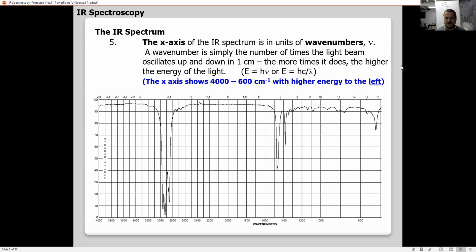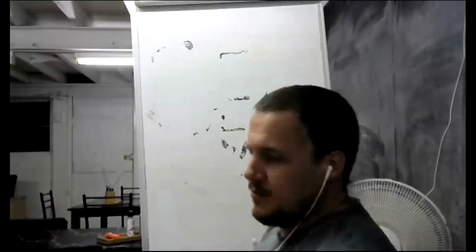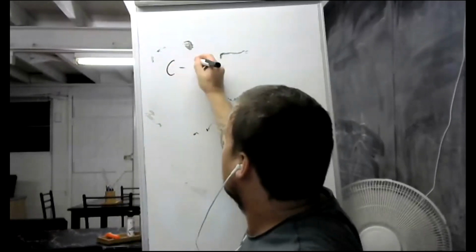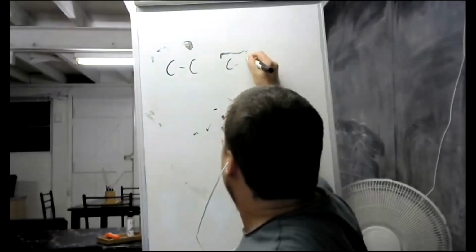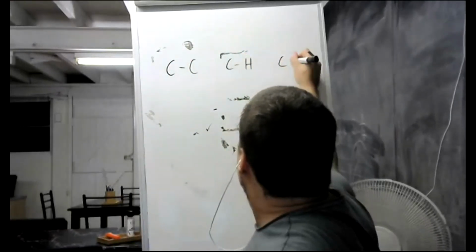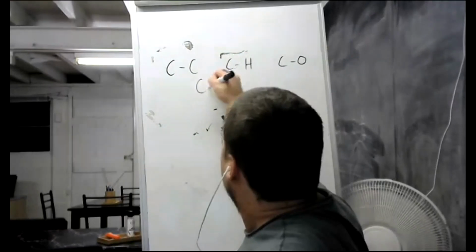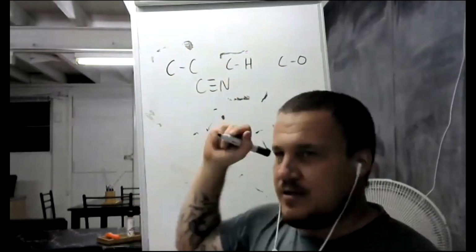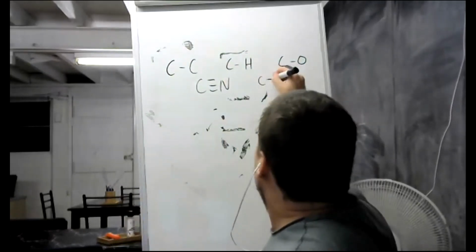In organic chemistry, let's go to the whiteboard. We are looking for the following. We have carbon to carbon, carbon to hydrogen, carbon to oxygen, carbon triple bound to nitrogen, carbon single bound to nitrogen.